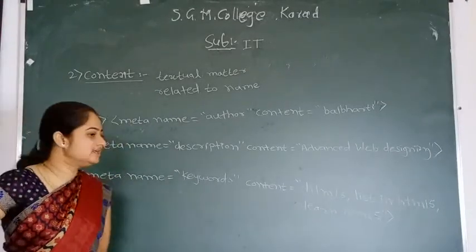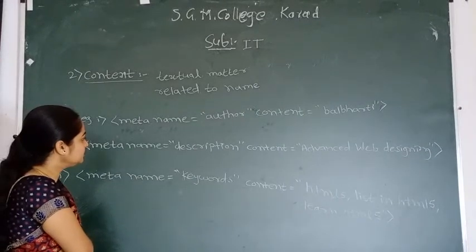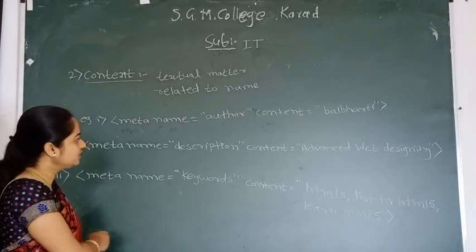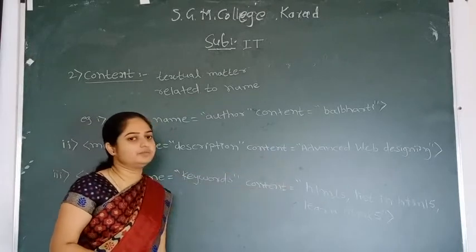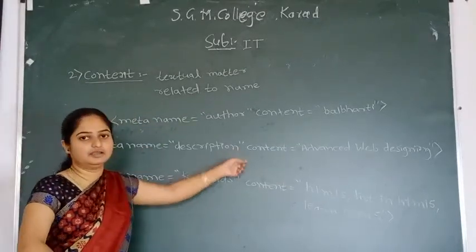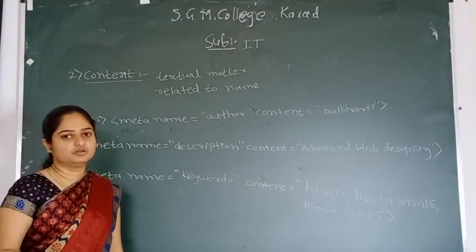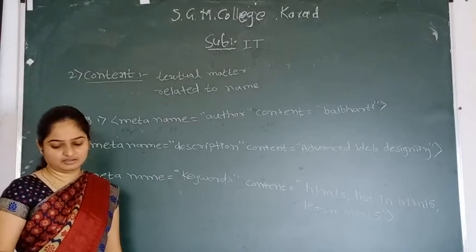Then the next line is meta name equal to description, content equal to advanced web design. Here name and content are attributes of a meta tag.